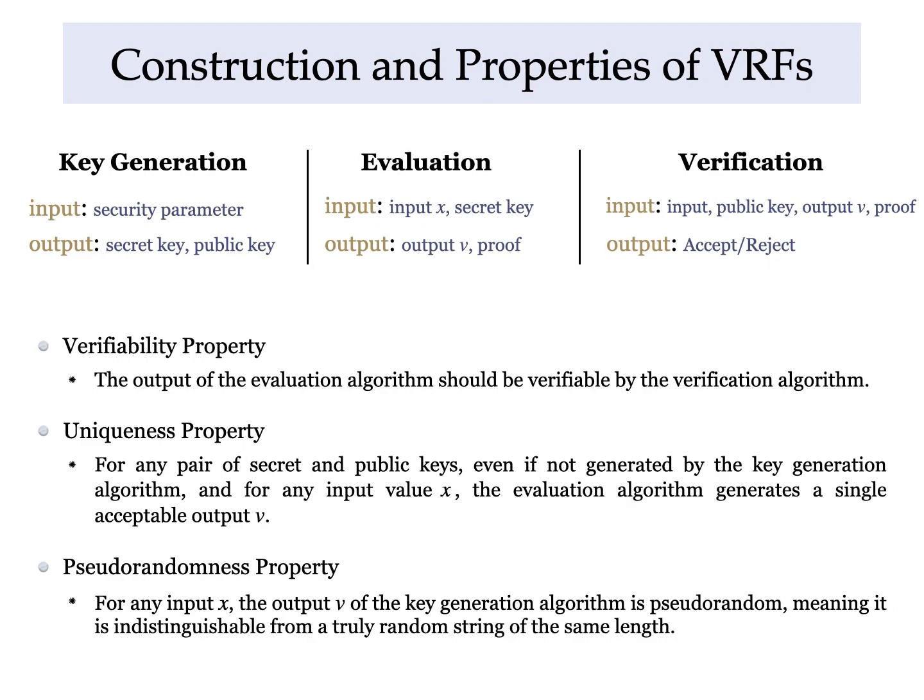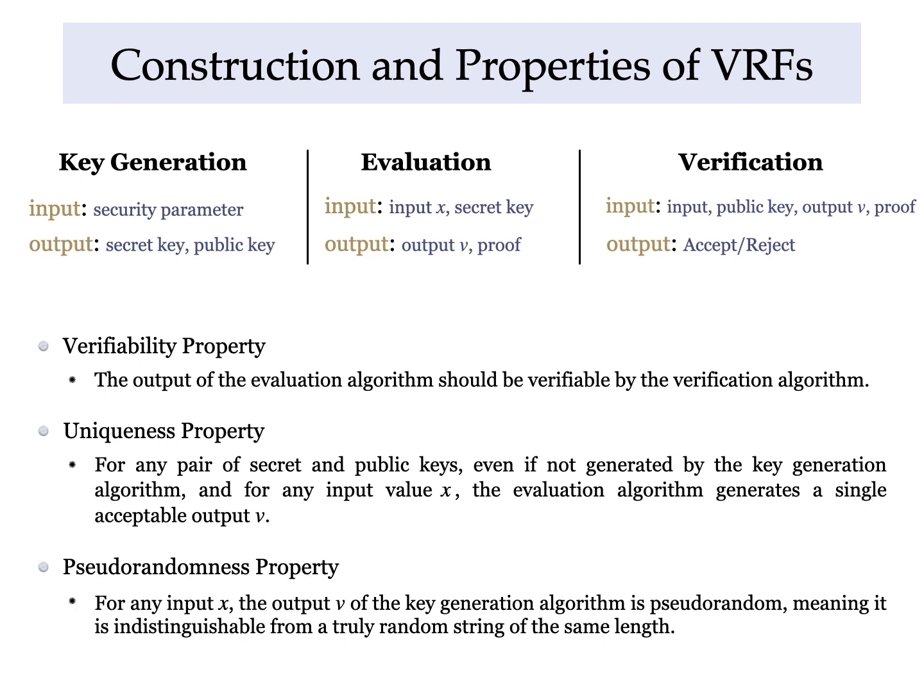So in this slide, I'm going to review the construction and main properties of verifiable random functions. So first, we have the key generation algorithm, whose input is the security parameter, and the outputs are the secret and public key. And then in evaluation, the inputs are the input x that we want to calculate the output for, and the secret key.